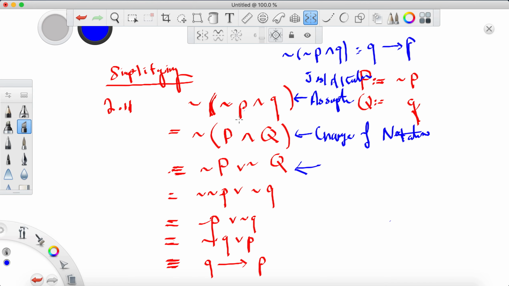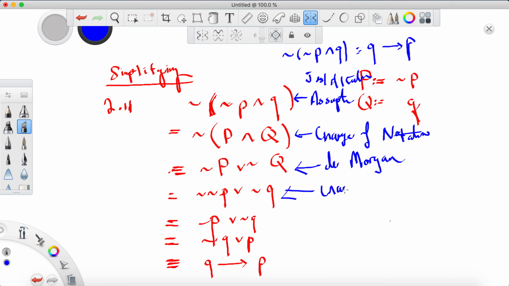Right? All I did was rewrite little q as big Q and not p as P. What's going on here? Well, this is the De Morgan law. One of them, at least. This is change back to notation.